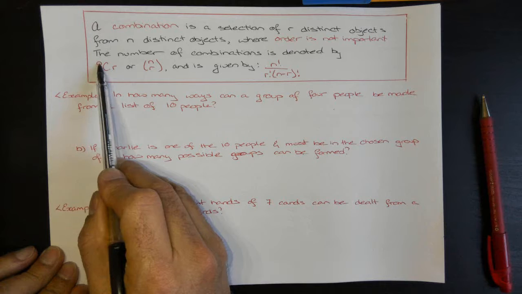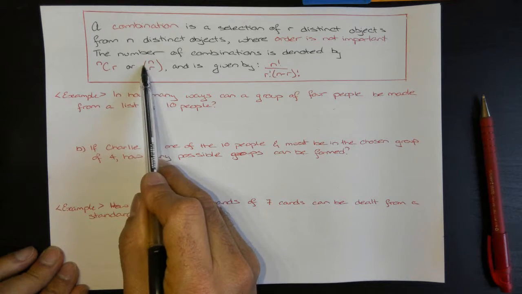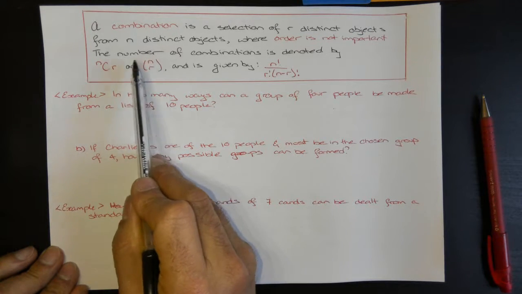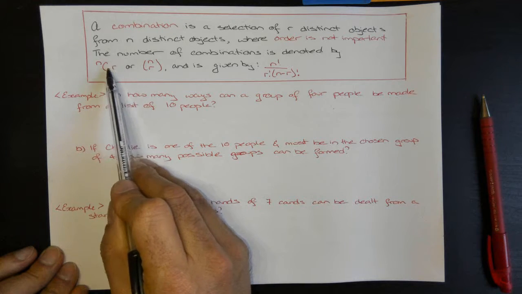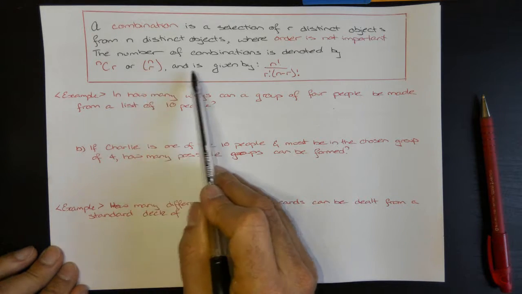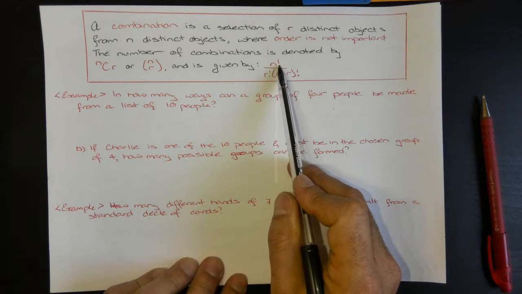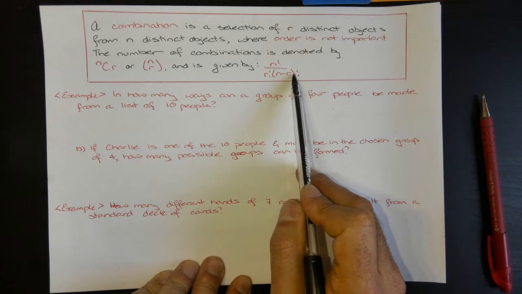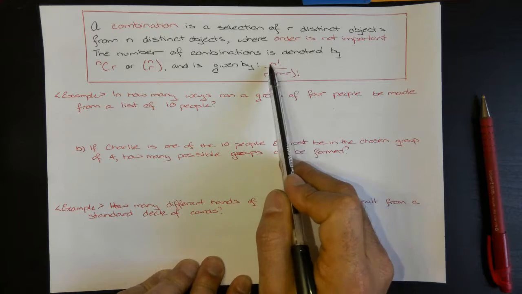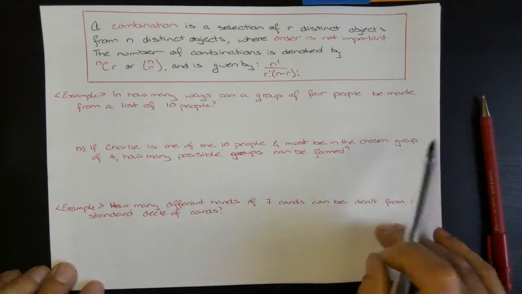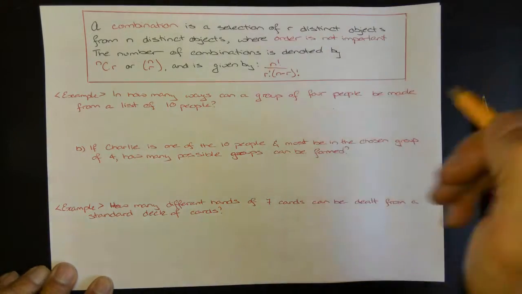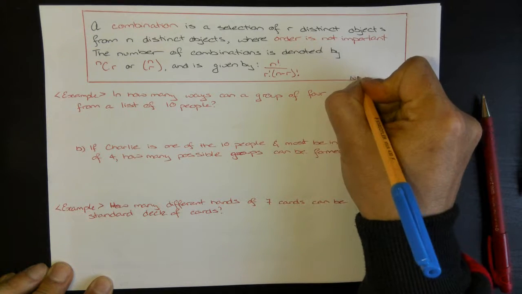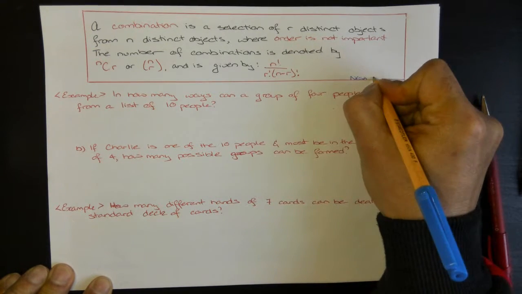So the amount that you start with in total is the n, and the amount you want to get, the chosen, is r. And it's also given by n factorial over r factorial times n minus r factorial. And obviously r is less than n. Okay, and that is from the NESA Extension 1 glossary.